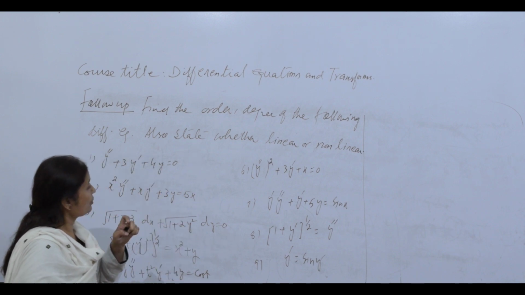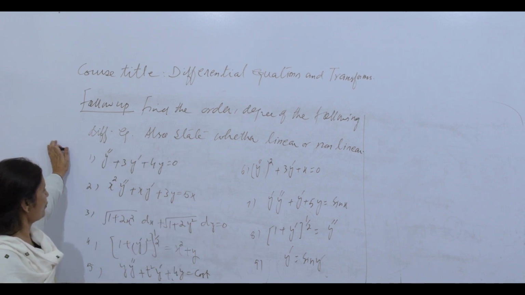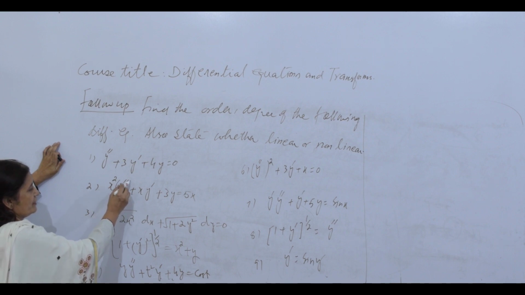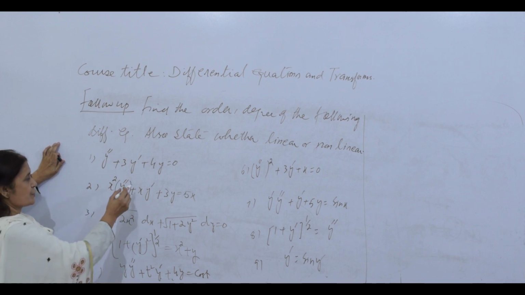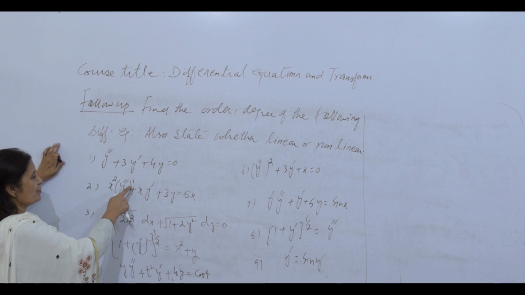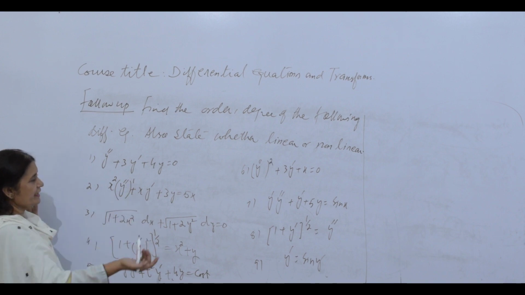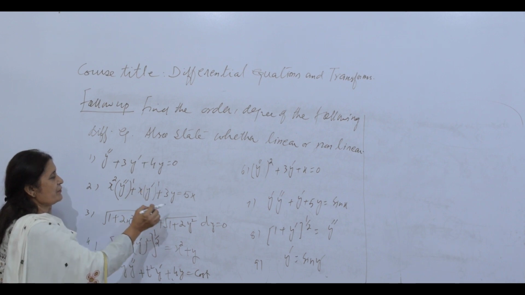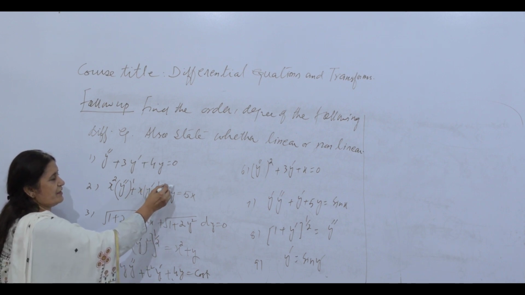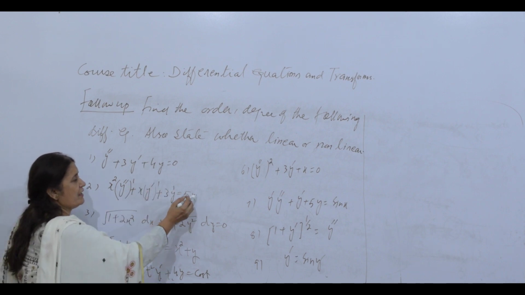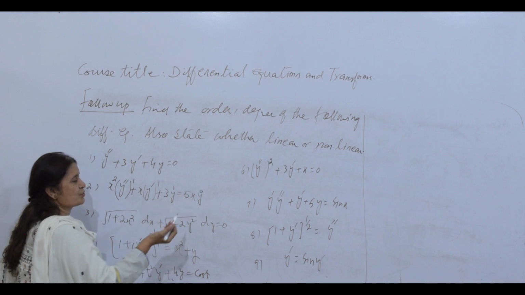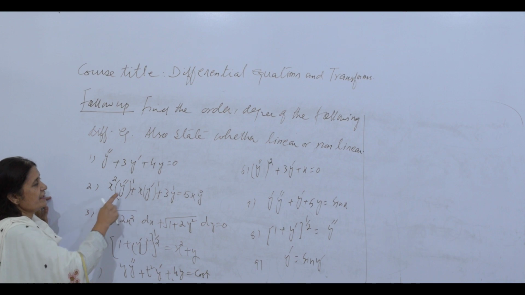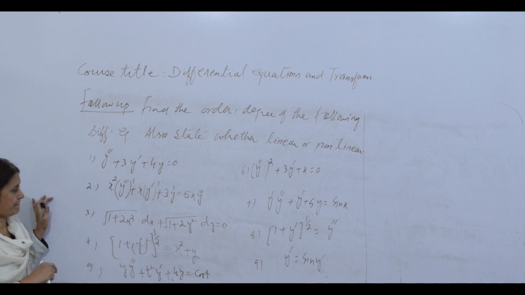You tell me the order, the degree, and whether linear or non-linear. For example, the highest order derivative is second order, its exponent is 1. Order 2, degree 1. And linear, because the first order derivative has exponent 1, the dependent variable has exponent 1; here the dependent variable is not there, that's okay. So this is order 2, degree 1 and linear.